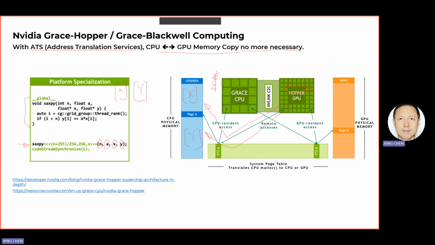But if you still remember, that's not the story for GPU computing systems with GPUs in the form factor of PCIe adapters. It's not the case for the GPU computing systems with Nvidia SXM modules and AMD OAM modules, because at that time the GPUs are connected to the CPU by purely a PCIe link, and there is no access from the GPU to the CPU memory, to the host memory.